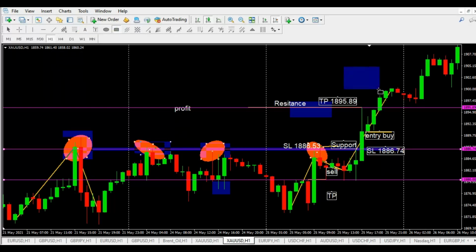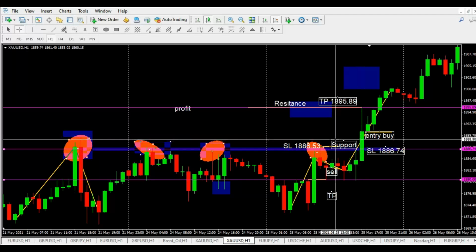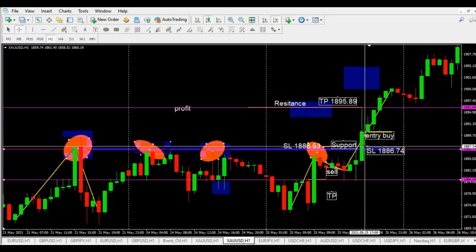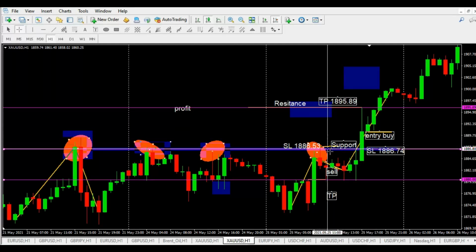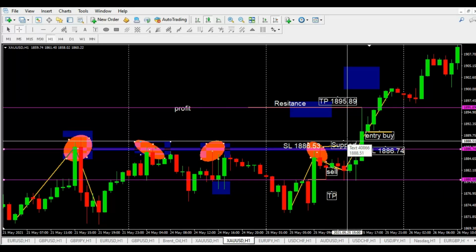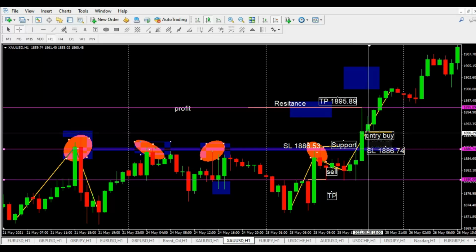The second case, for example, I have one case like this, because the price goes up and then breaks the support. If there is big power in the breakout of the support, we do not need to wait for more confirmation.